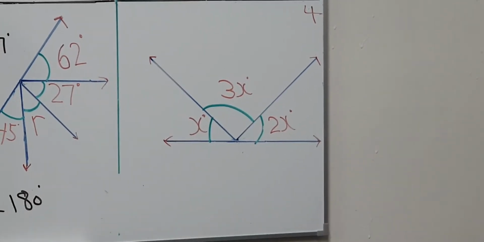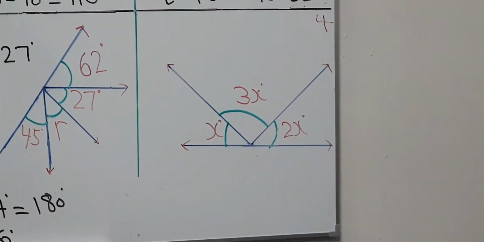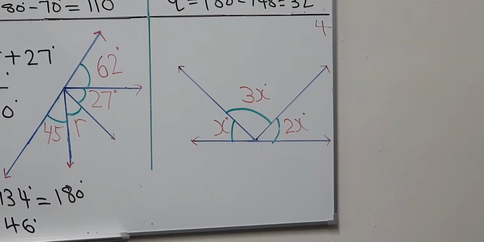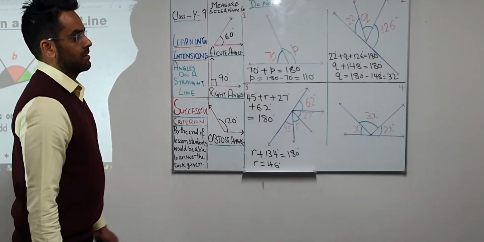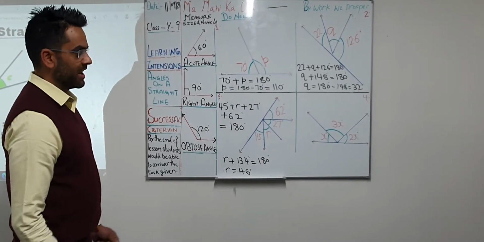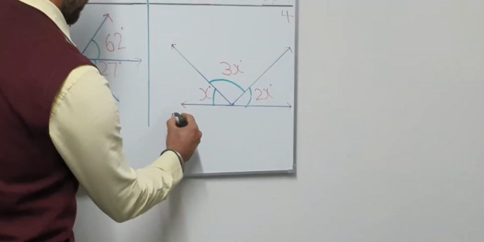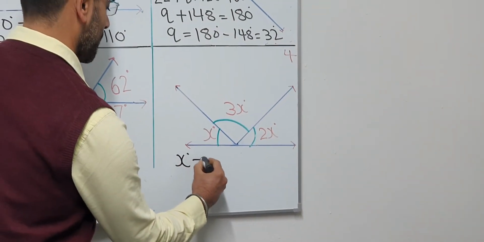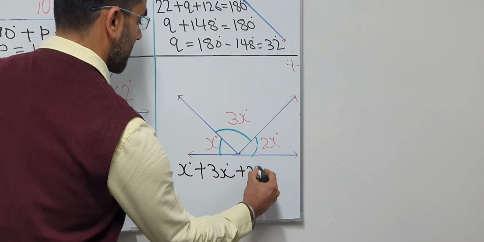So, lastly, I'm going to move on to my last question. You see angles on a straight line, but you don't see any particular number. You see a letter next to the number. So again, the formula is the same, I'm going to add them up. x plus 3x plus 2x.